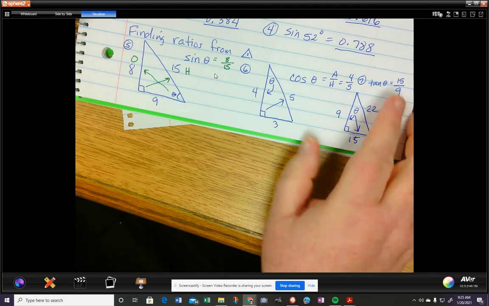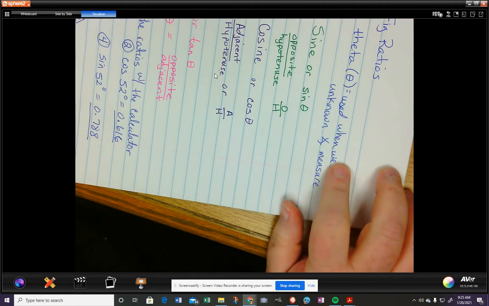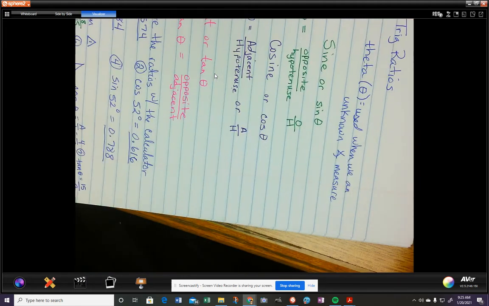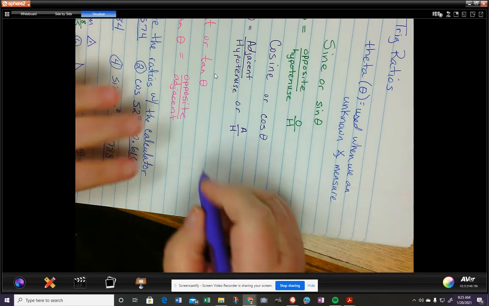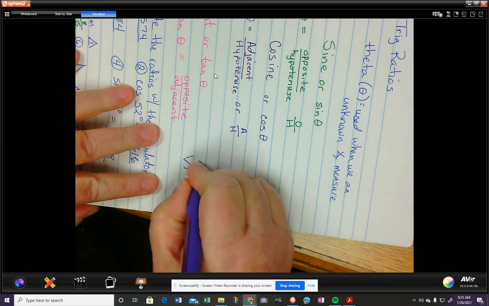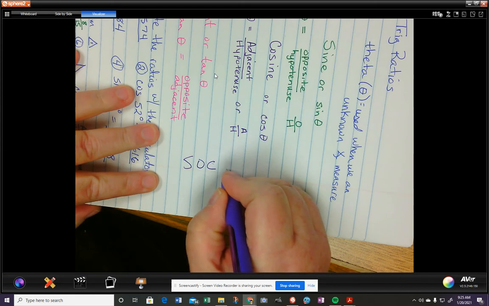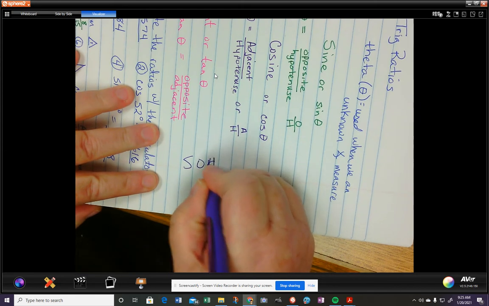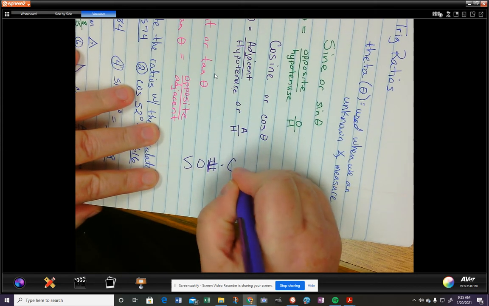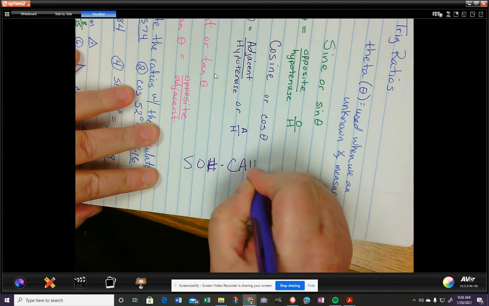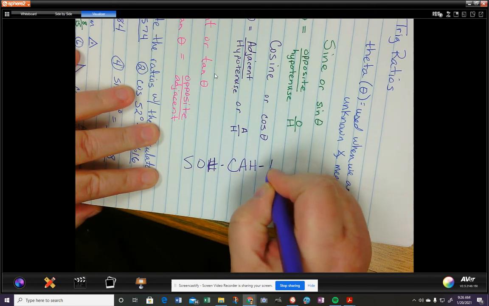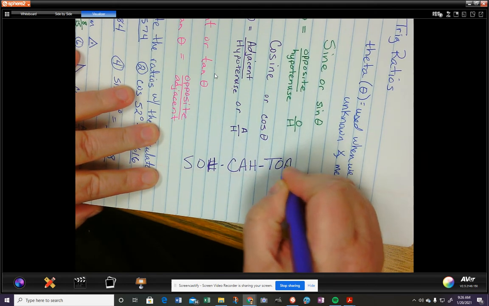There is one more thing I need to tell you about. I'm going to go sideways right here. We have a little mnemonic called SOH-CAH-TOA.